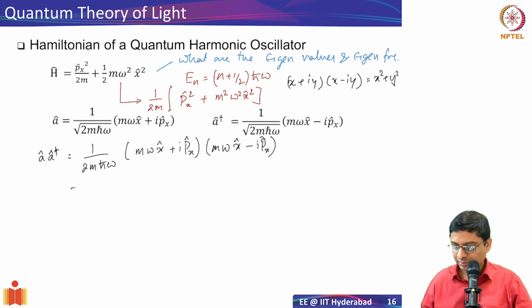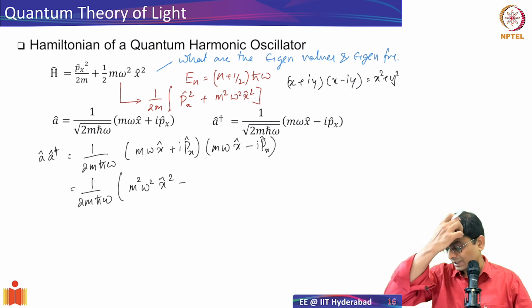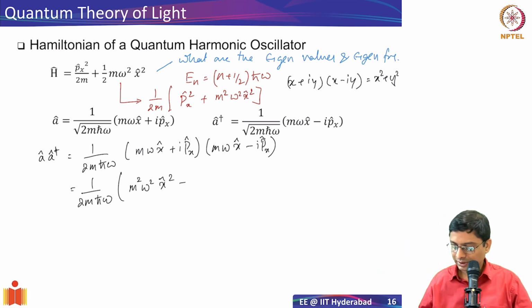Now what happens if you have a product like this? We'll keep this 1 over 2m h cross omega into m square omega square x cap square, correct? Plus, let me take just the squares first, it will make our life simple, plus px square operator.